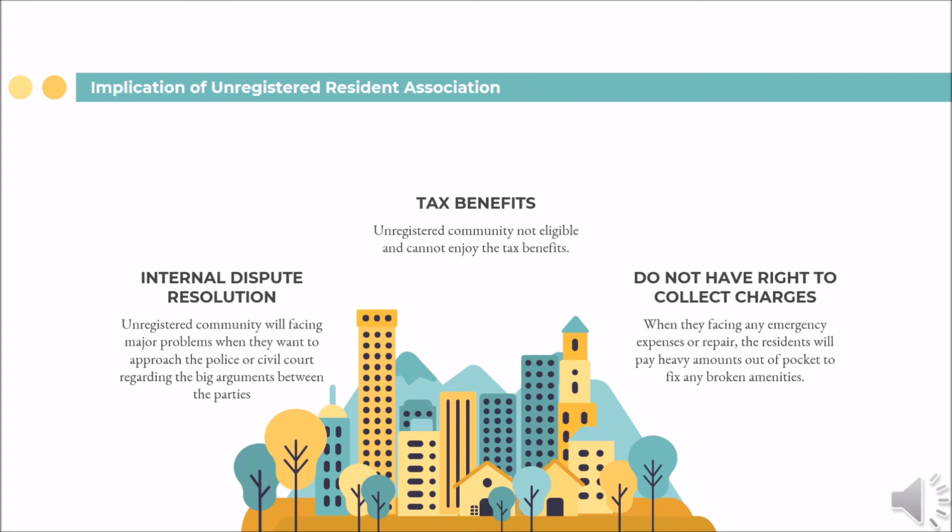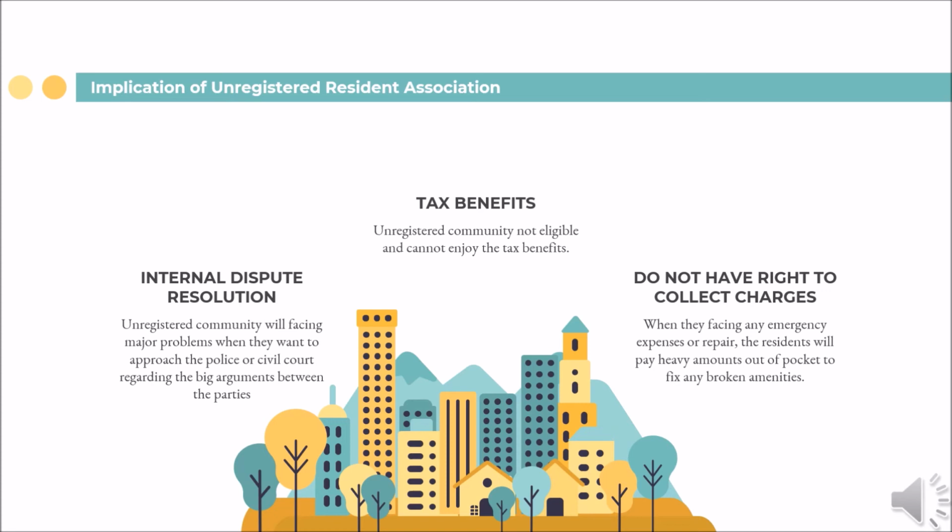From the issue, it leads to 3 implications of the unregistered gated and guarded society. The implication is that it gives more disadvantages to the community and the surroundings than advantages.